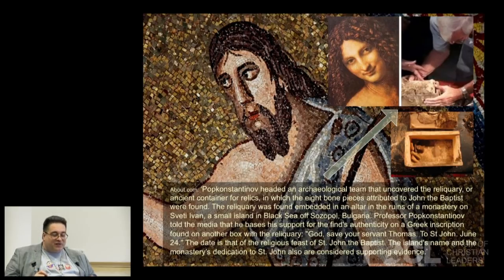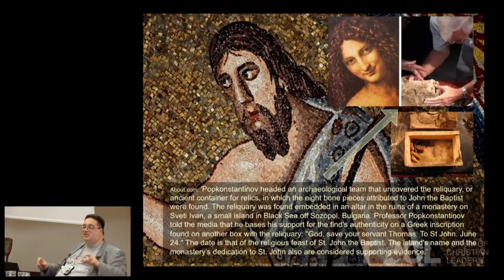Now, June the 24th is the official feast day of John the Baptist. The island's name, the monastery, the dedication on the box found with it in the reliquary, still intact in place within the altar, are all considered as supporting evidence for the authenticity of these bones.